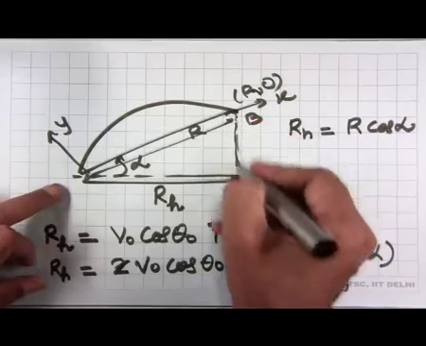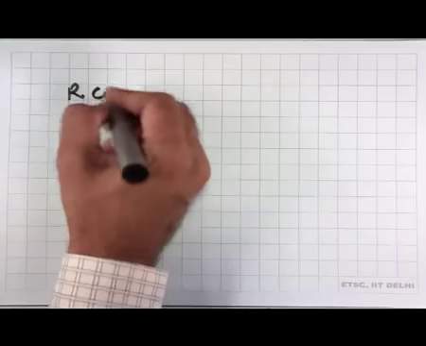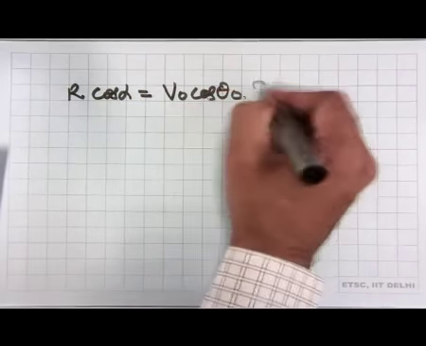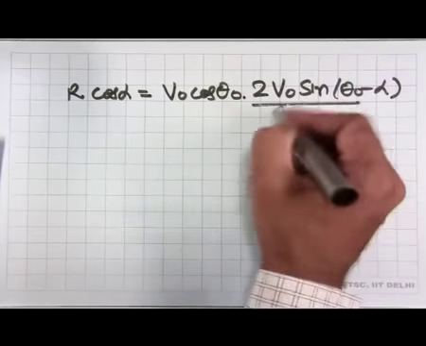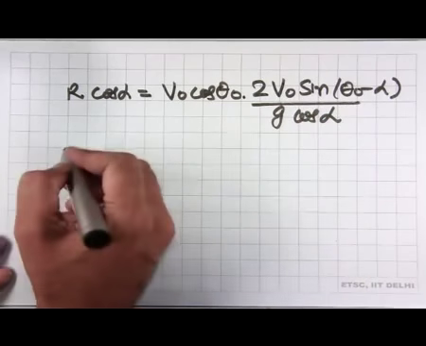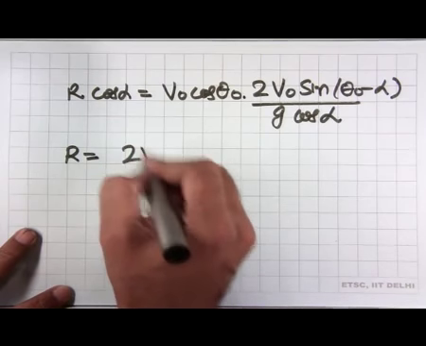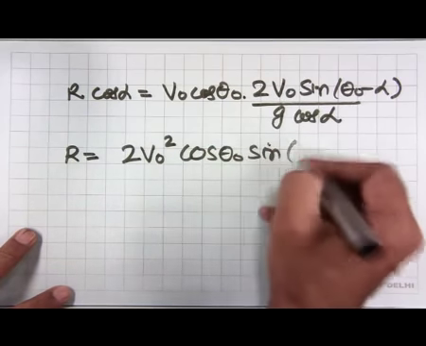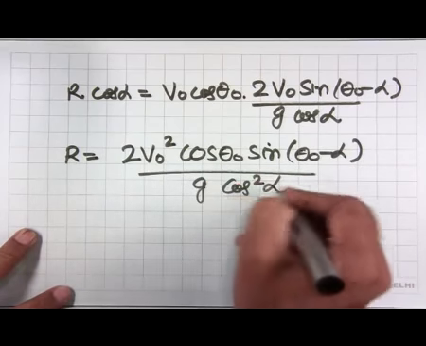It is clearly obvious from this figure, R cos alpha is equal to R sub h. So R cos alpha is equal to V0 cos theta 0 into 2 V0 sin of theta 0 minus alpha divided by g cos alpha, and this gives an expression for R, which, if I simplify, is 2 V0 square cosine theta 0 sin of theta 0 minus alpha divided by g cos square alpha.